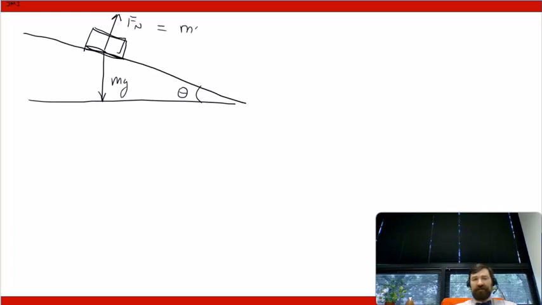The normal force ends up being m times g times the cosine of the angle. So this lets us separate between the weight of the object, or the force of gravity on the object, and the normal force. And what we find is that in this special case, friction depends on normal force, not on weight. So let's write that down. Friction depends on normal force, not necessarily weight or mass.